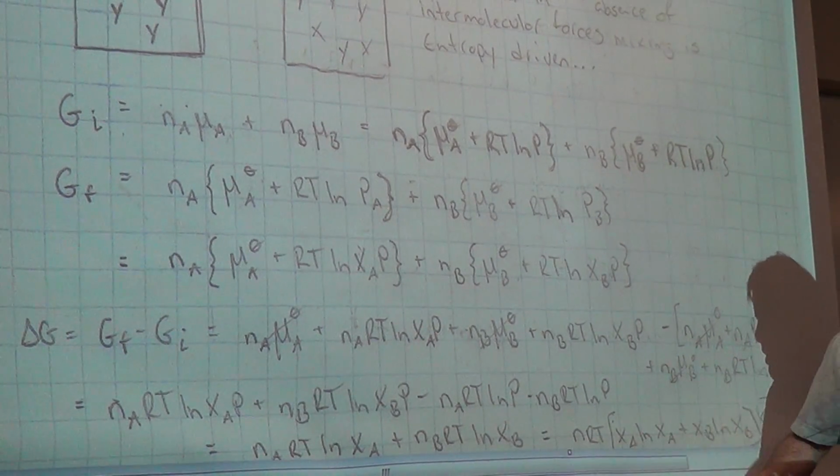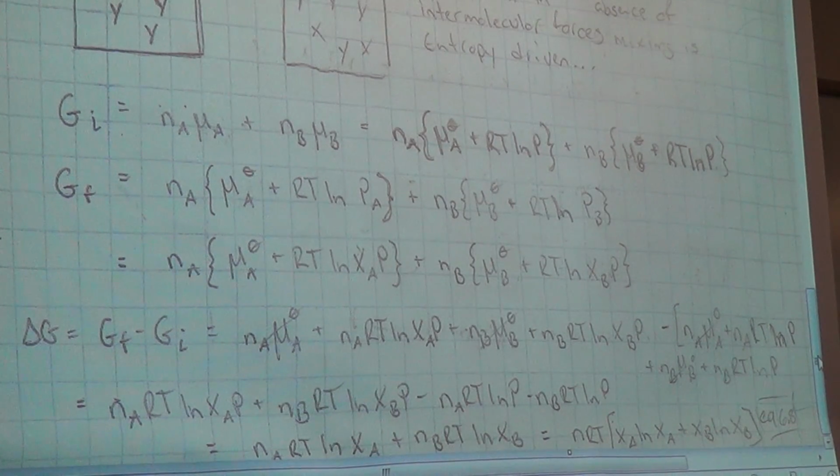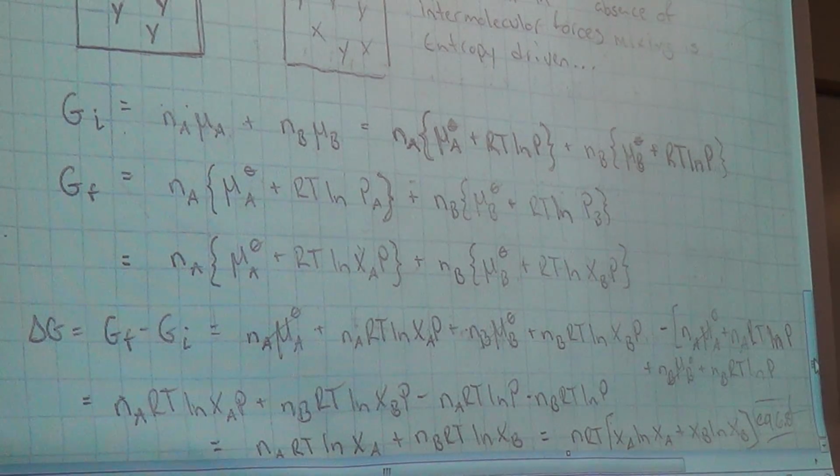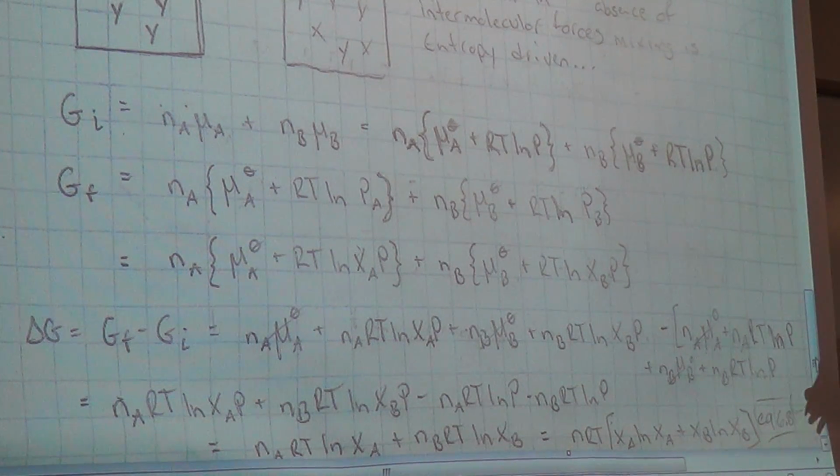So we take nRT, multiply it by the mole fraction times the natural log of the mole fraction, and that gives us our delta G for the mixing process.